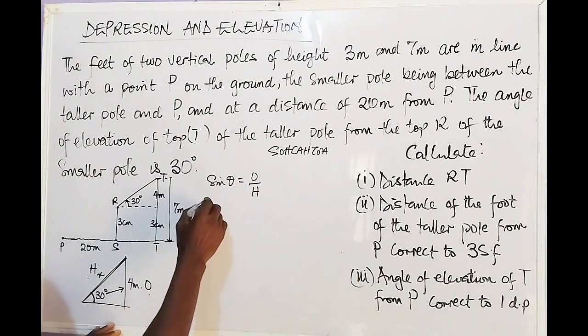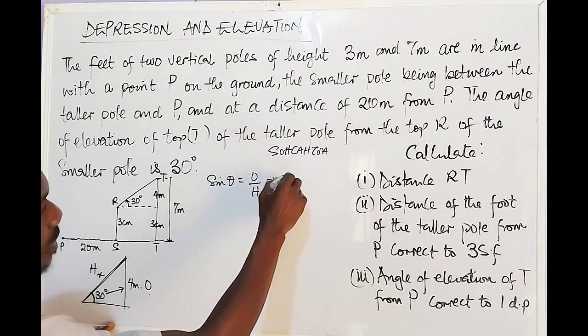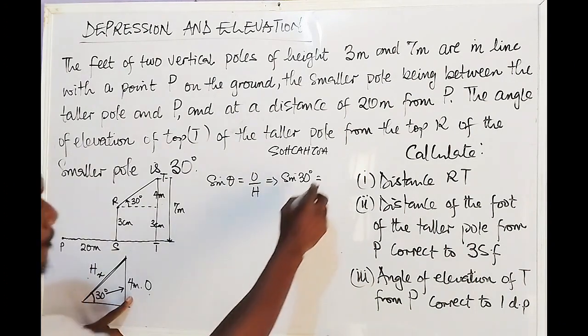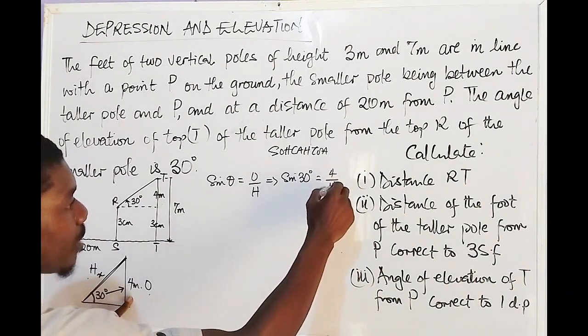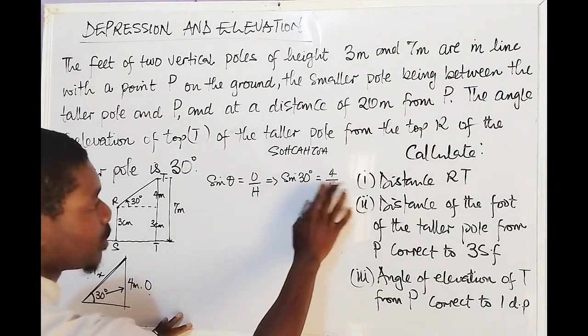Our angle is 30, so that will be sine 30 equals opposite, which is 4, all over the hypotenuse, which is our RT. Let me replace it with RT.